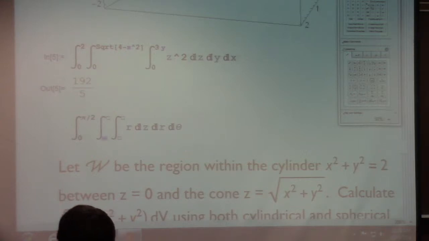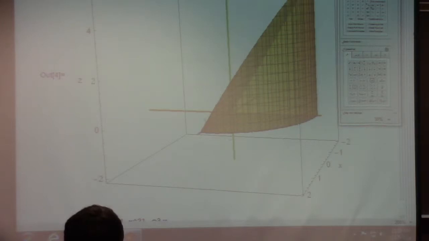Somebody tell me what r does. 0 to 2. R is the horizontal distance between the points and the z-axis. If you project the points down to the xy plane, it's the distance to the origin. In three-dimensional space, it's the horizontal distance between a given point and the z-axis. And that goes from 0 to 2. The disk had radius 2.